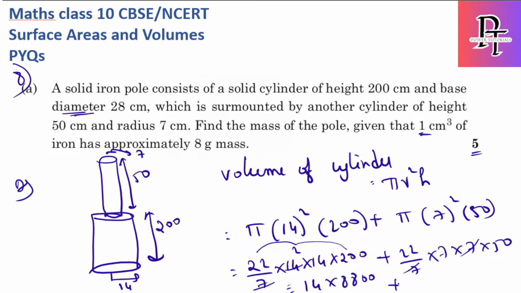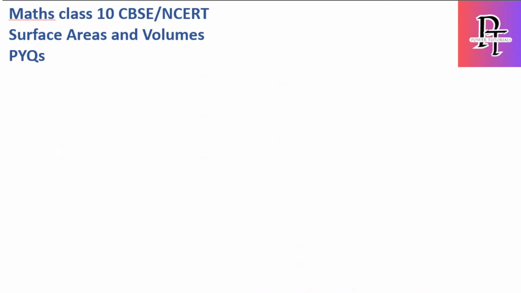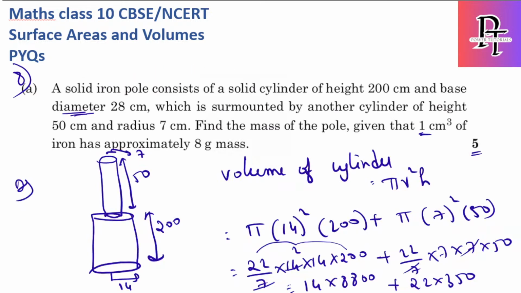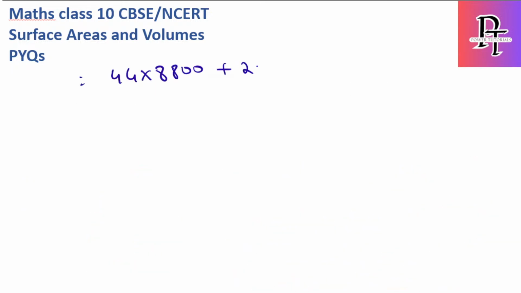Plus 22 into 22 into 350. So 44 into 8800, let's do it. Write it here: 44 into 8800 plus 22 into 350. So let's make it easy now.